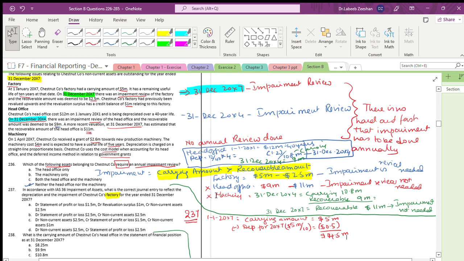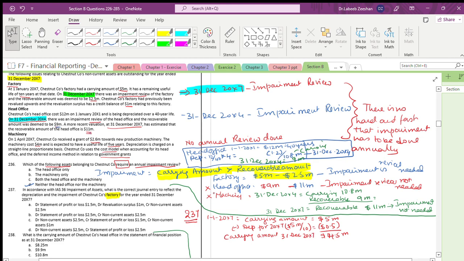Now, this is the carrying amount at 31st December 2007.